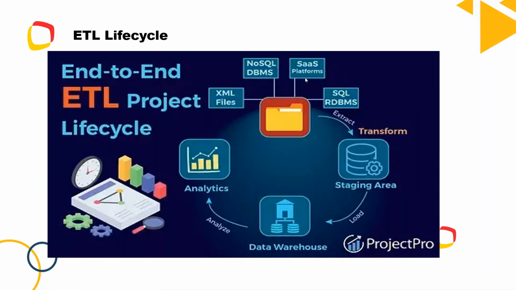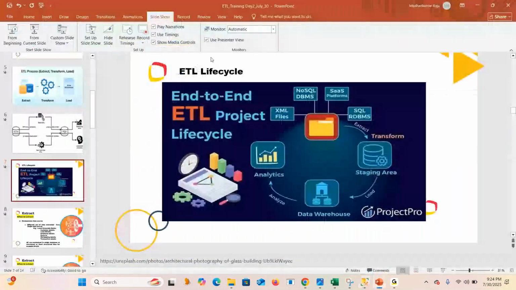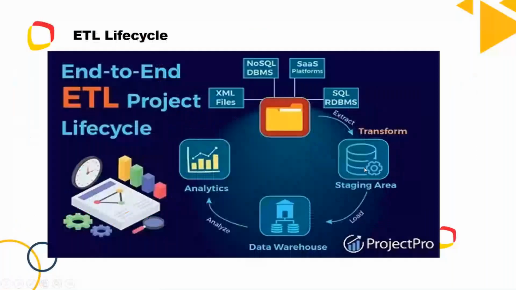From there, we are extracting and putting it to the staging layer. This is the staging layer that I showed you. Then after the staging layer, it is moving to the data warehouse by doing some transformations. Then it is going to analytics, either to reports or advanced analytics. So this is the ETL lifecycle.